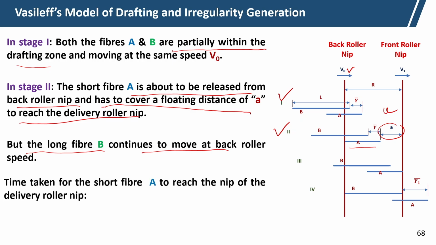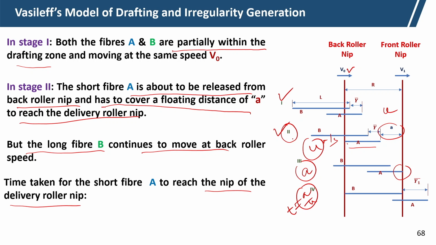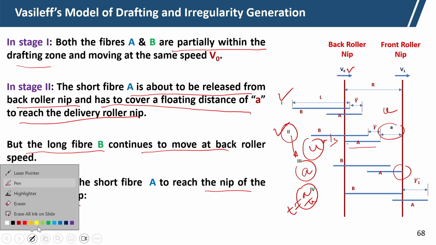Now, the time taken for the short fiber to reach the delivery roller nip: its speed is u and A is the distance, so A by u will be the time taken. From stage 2, case 2, to case 3, it will take A by u time.